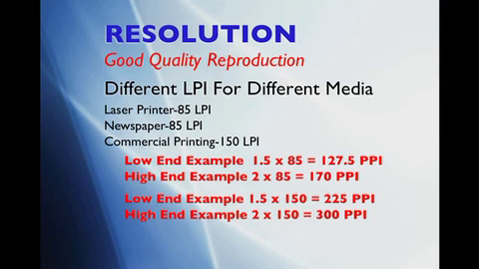The higher the LPI, the finer and nicer looking things are going to be. And again, it gets us closer to the illusion of true continuous tone. So commercial printing uses 150 LPI these days, and as the technology improves, it's getting higher and higher as time goes on.